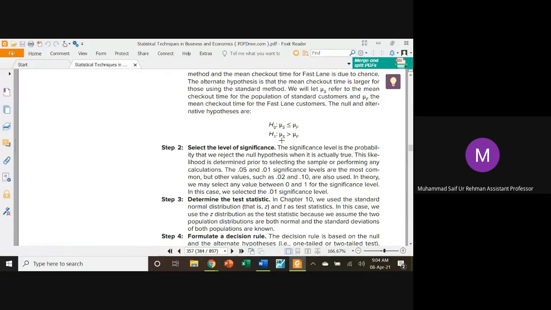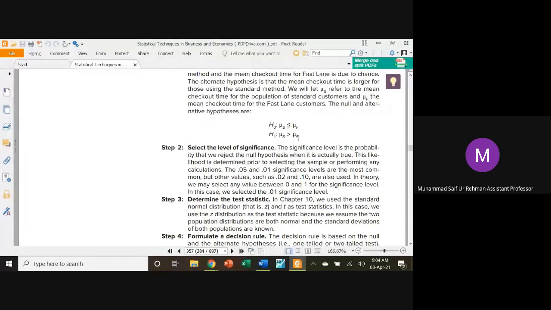So you may say in this particular case, this is regarding time, minutes are there. So if you see, you are going to accept this. So mu s means on average standard method is taking more time as compared to the fast lane.